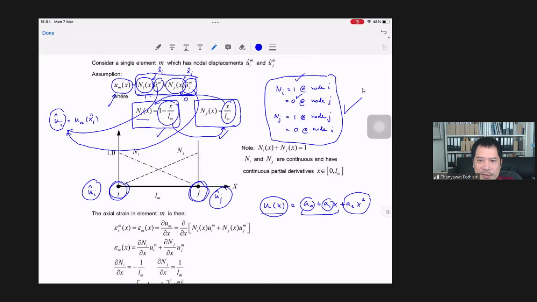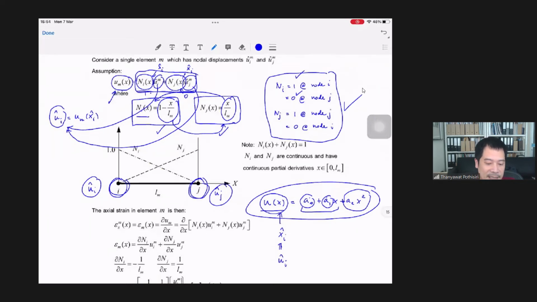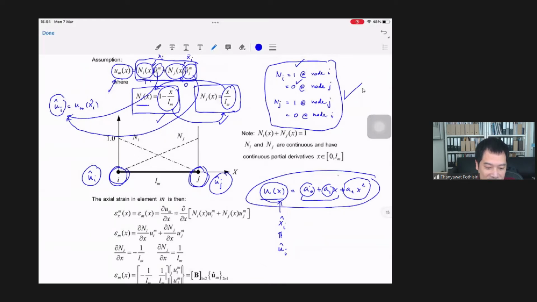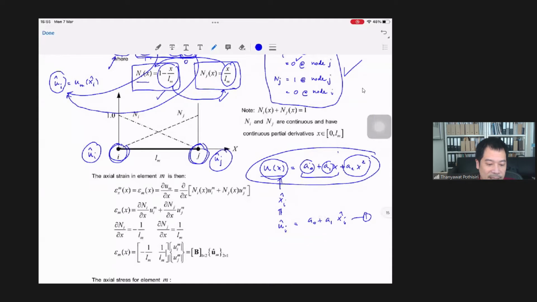If you have two pieces of data available, then how many unknowns can you solve for? For example, if you plug in x hat i here, then you would obtain u hat i equal a0 plus a1 x hat i. This is your first equation.